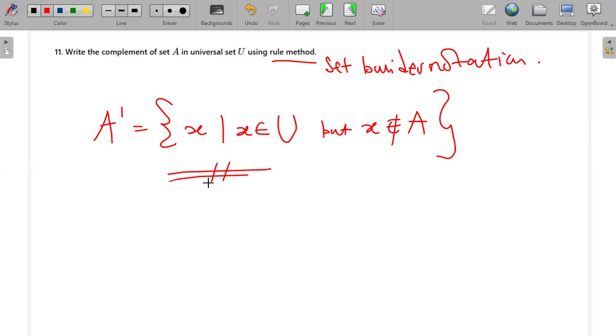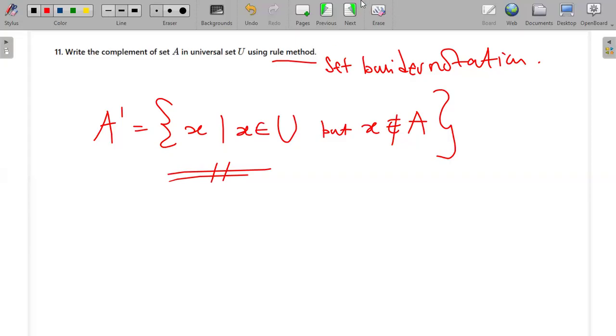Of A. So the complement of A is a set of all x's such that x is a member of the union set, but x is not a member of what? Set A. So that's why we can write it in set builder notation there.